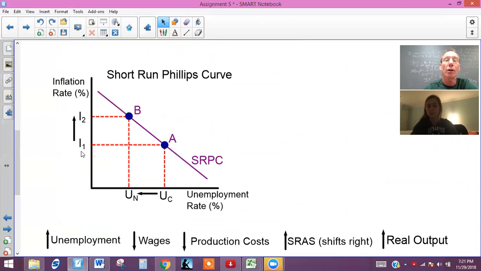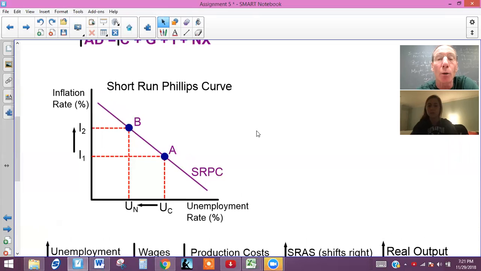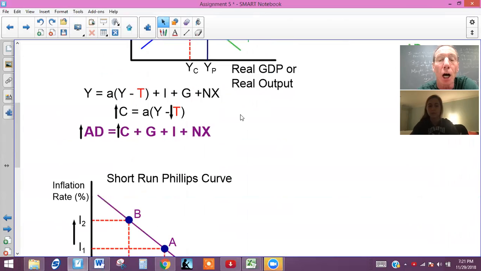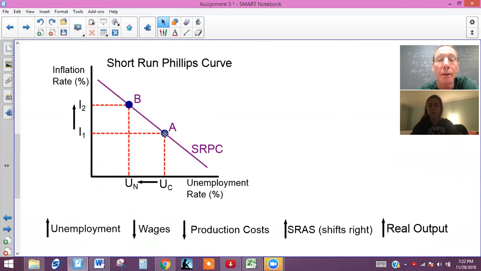When we have a higher rate of inflation, what we're actually saying is price levels over the whole economy are going up. So anything that would cause the aggregate demand curve to shift to the right, which would cause price levels to go up, would cause a movement up and along the line on the Phillips curve.